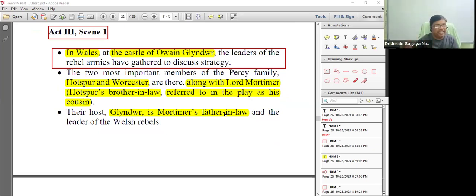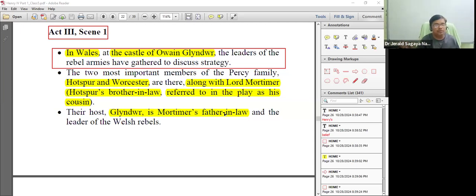Historically they are brothers-in-law, but in the play Lord Mortimer is described as the cousin of Hotspur. All these people are in a very serious discussion.